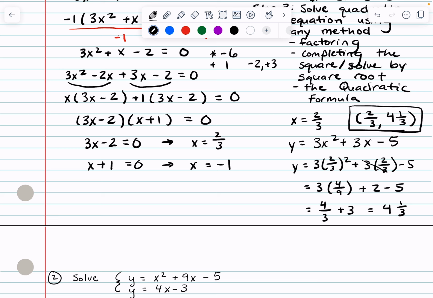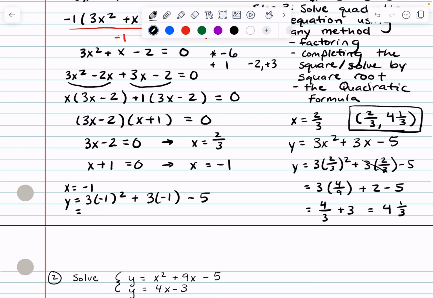And then my second solution is where I'm going to plug in -1. So let's go ahead and do that. I have y is equal to 3 times -1 squared plus 3 times -1 minus 5.